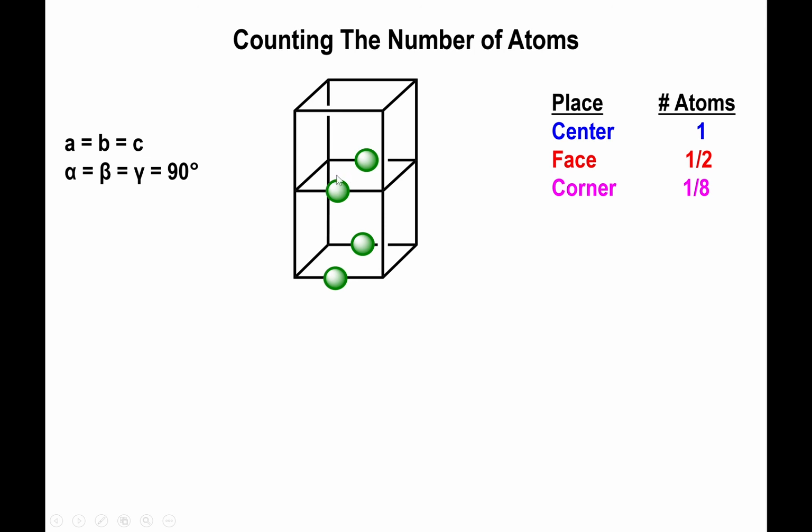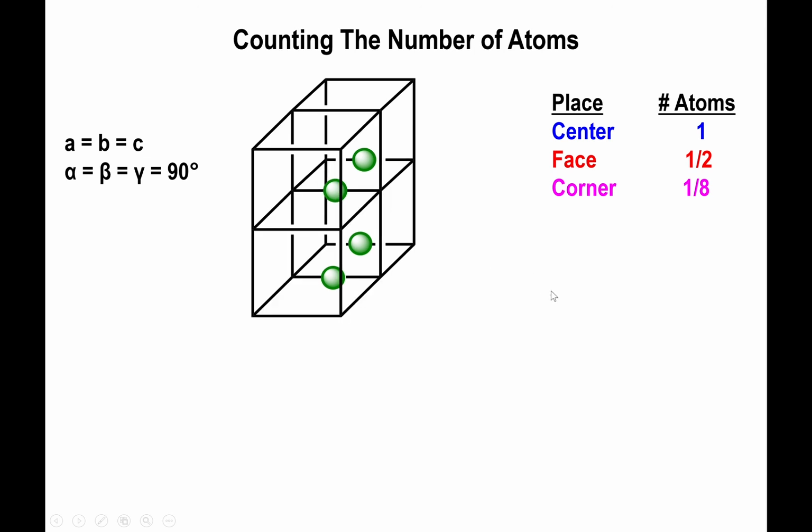Let's concentrate on the one here on the front. To fully encapsulate it, you need to draw another 2. When you do that, that atom is fully covered by cubes all around, and it took 4 of them, so these interstitial sites or interstitial atoms only contribute 1/4 of themselves to the unit cell.